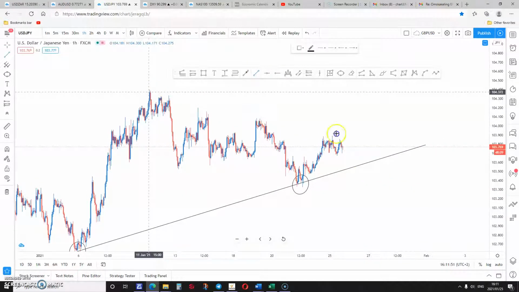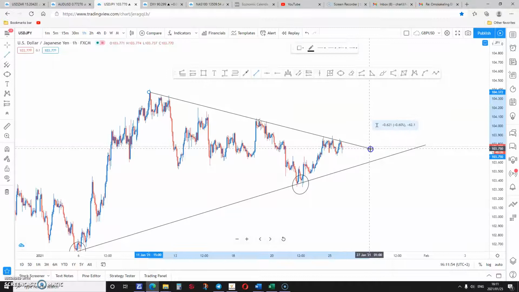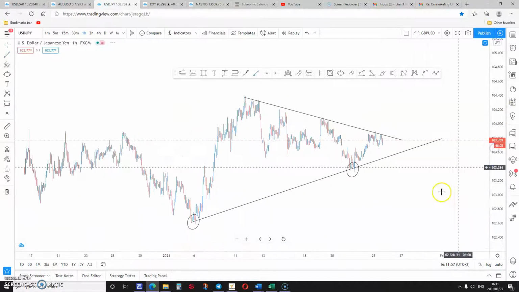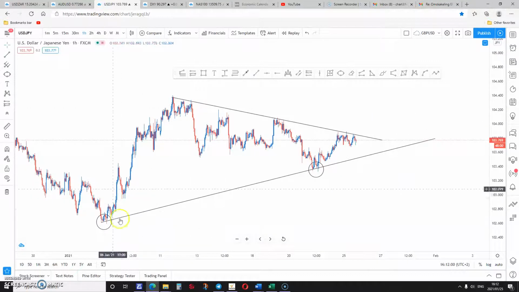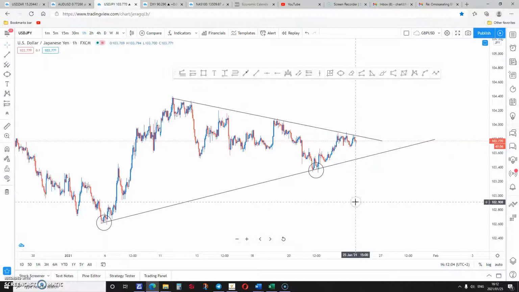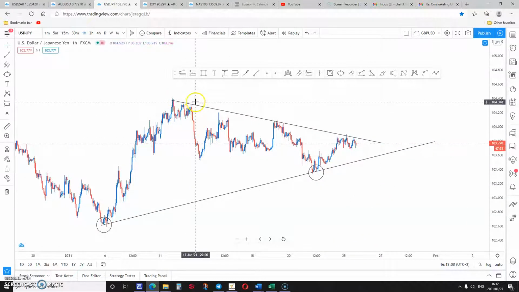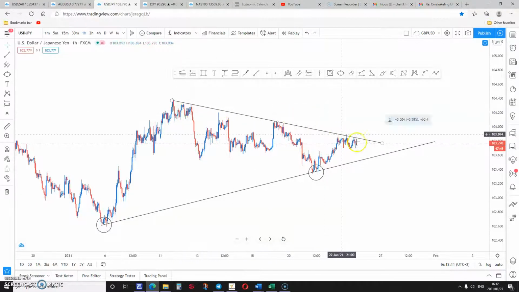You can do something like this. So now you're looking at this price action in this triangle. 1, 2, 3, 4. So it's multiple touches on top.